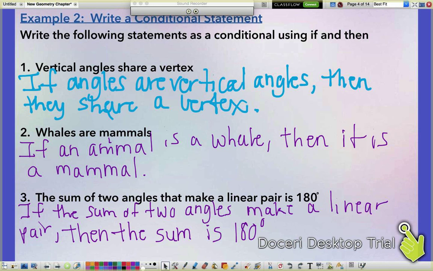Okay, again, the last part of my sentence is 180 degrees, so I need to make sure that that follows the then part.